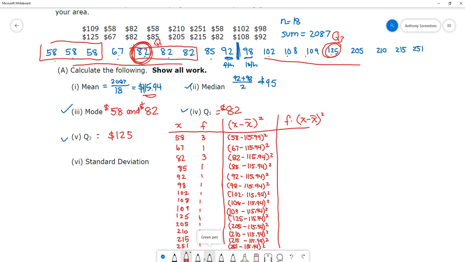So I calculate them and I get the following values. And so I have all the frequencies times the score minus the mean squared.